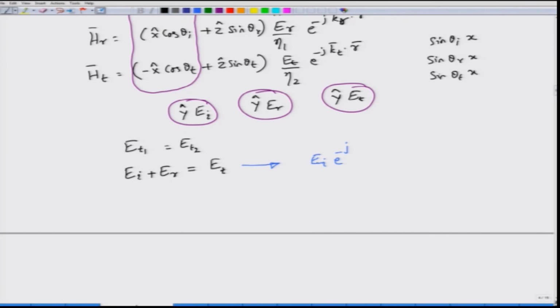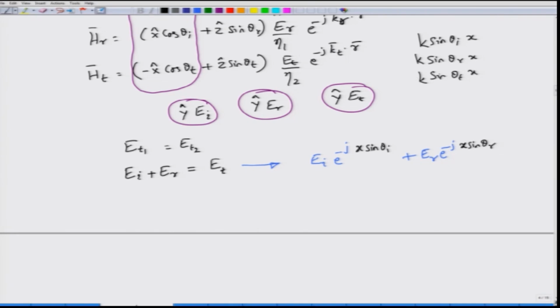So, let us write this as Ei and write the phase factor here, e power minus j x sin theta i, plus Er e power minus j, the phase factor is x sin theta r. There is a k here which I forgot to put, right.